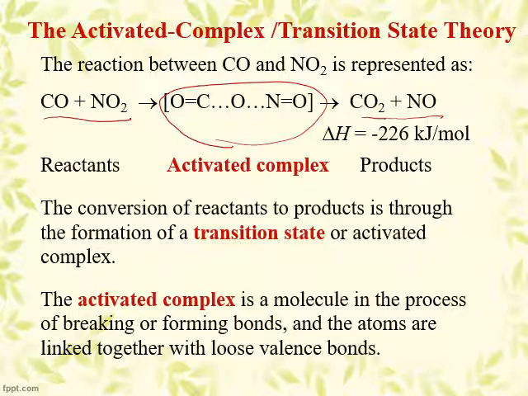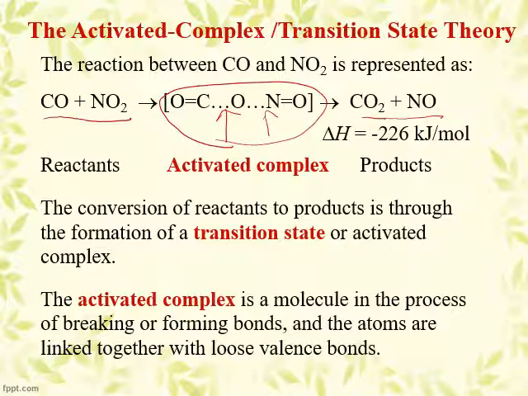So the activated complex is a molecule in the process of breaking or forming bonds, and the atoms are linked together with a loose valence bond. So this is the loose valence bond here, the dotted line here.